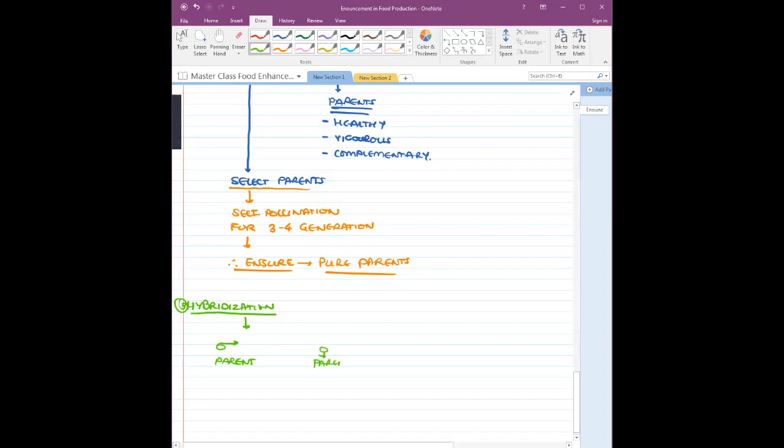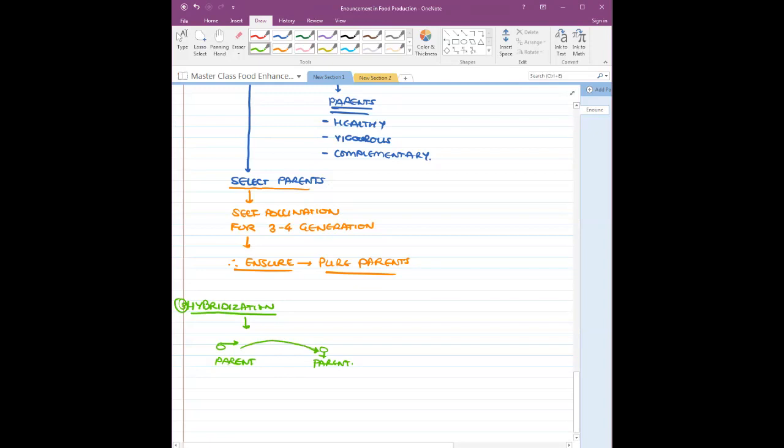Let's say the male parent had a good character, and the other one did not have it. So guys, we have to mix their characteristics. That is what we are going to do.